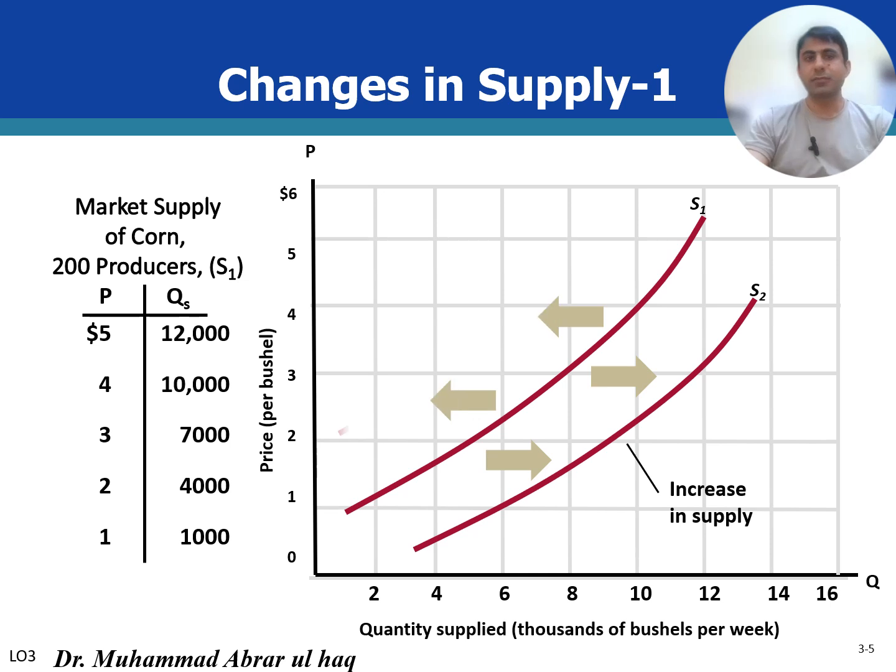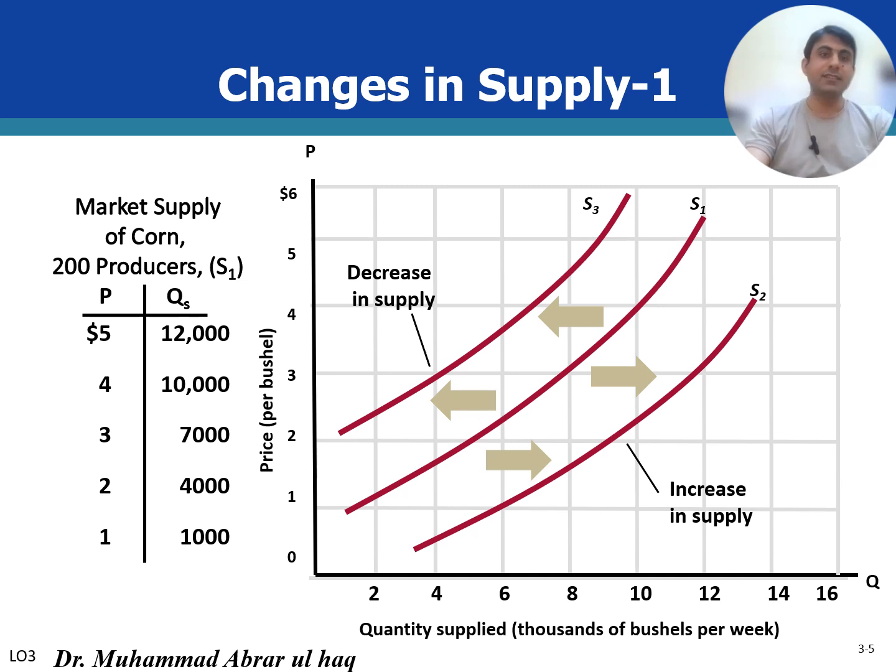In economics, the determinants of supply encompass the various factors that influence how much producers are willing and able to supply at different price points. These determinants include input prices, that is the cost of production, such as wages and raw materials. It can be technological advancements that affect production efficiency.